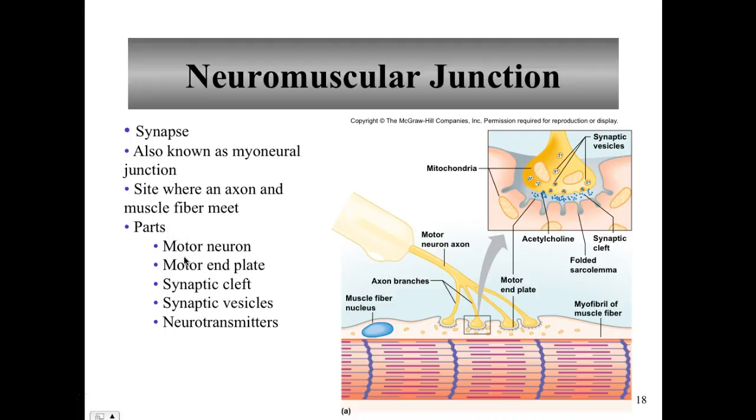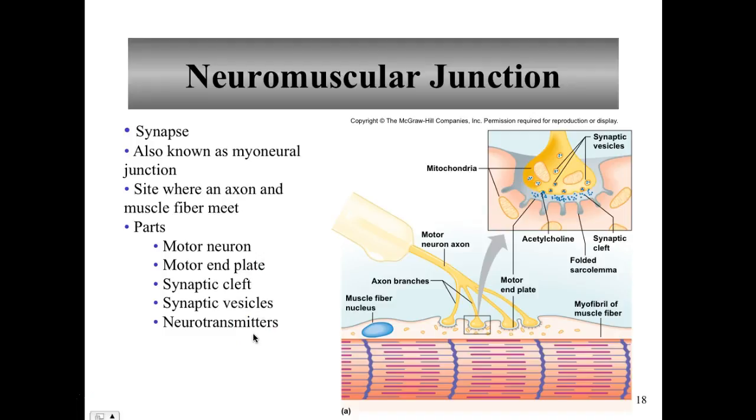The things that you're going to hear about interacting here in this neuromuscular junction are the motor neuron, the motor end plate, so that would be down in here. And you can see the figure here. The synaptic cleft is that space in between the two. You have the synaptic vesicles. Those synaptic vesicles are going to be the carriers of the neurotransmitter. And then you have the neurotransmitter themselves.